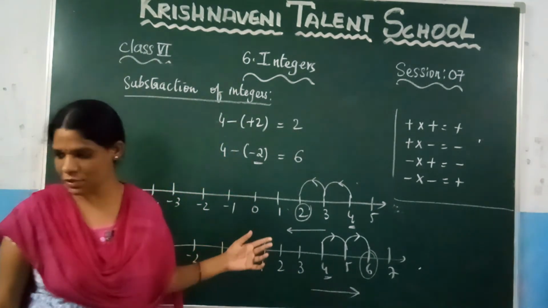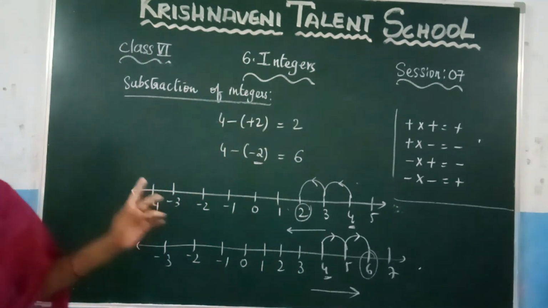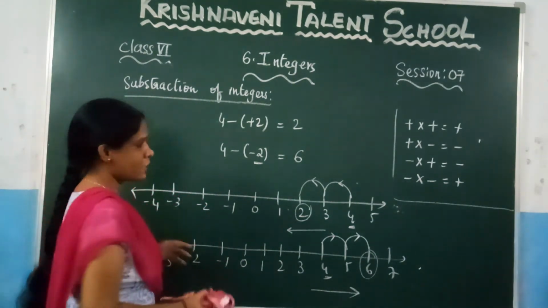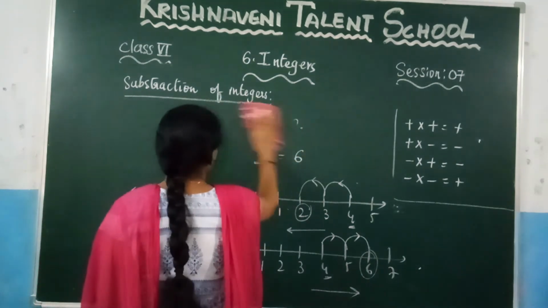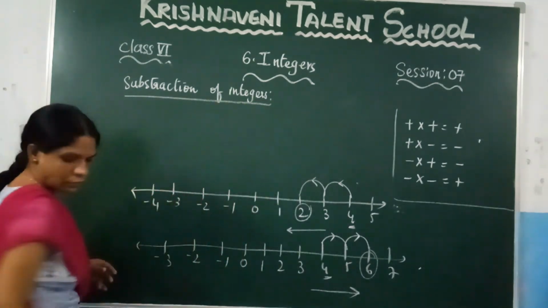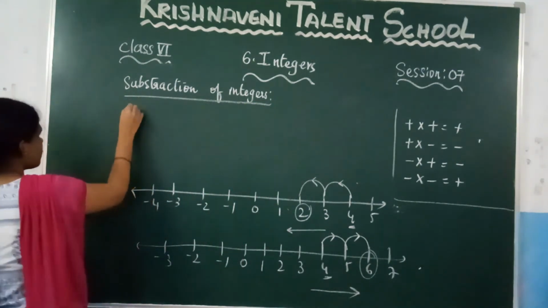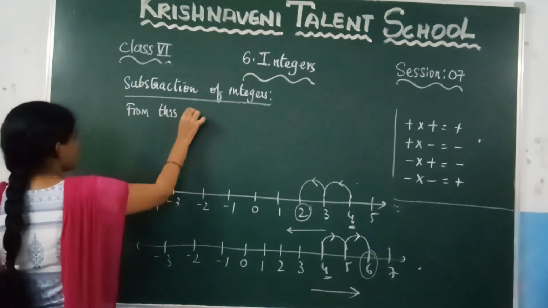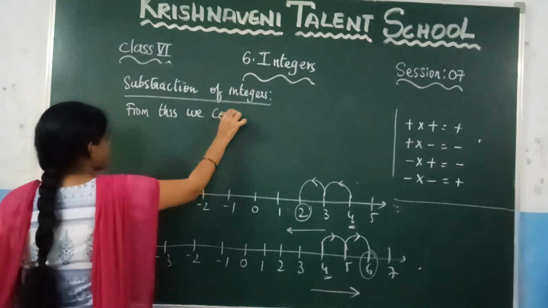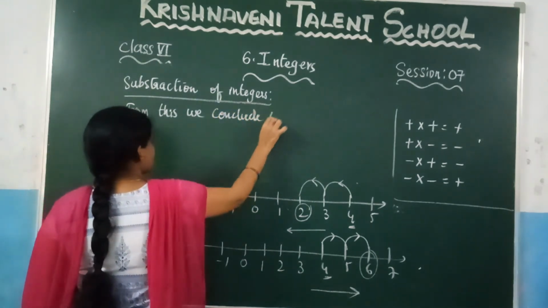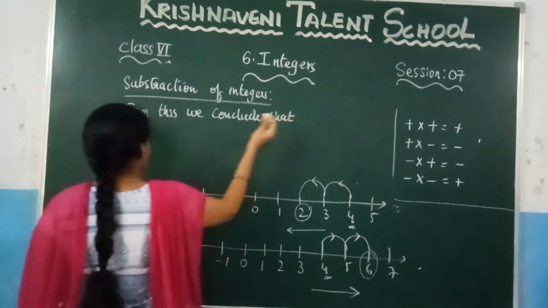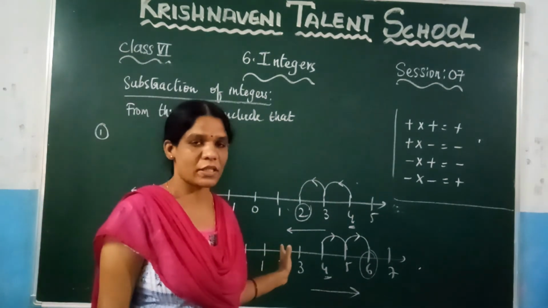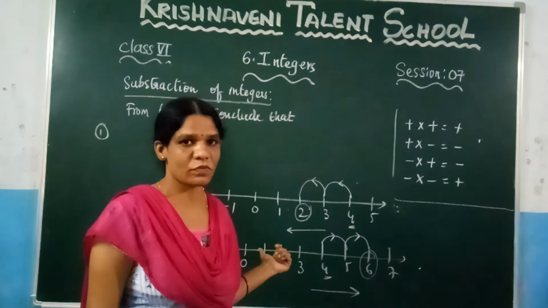So let us write this one and make a note of it. From this we conclude that we got two conclusions. What is that? By subtracting a positive integer, you need to go to the left side of the number line.